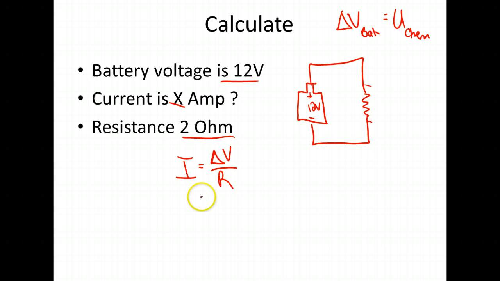And so what is delta V? 12 volts. What is the resistance? 2 ohms. Which gives me a current of what? 6 what? Amps. Not bad.